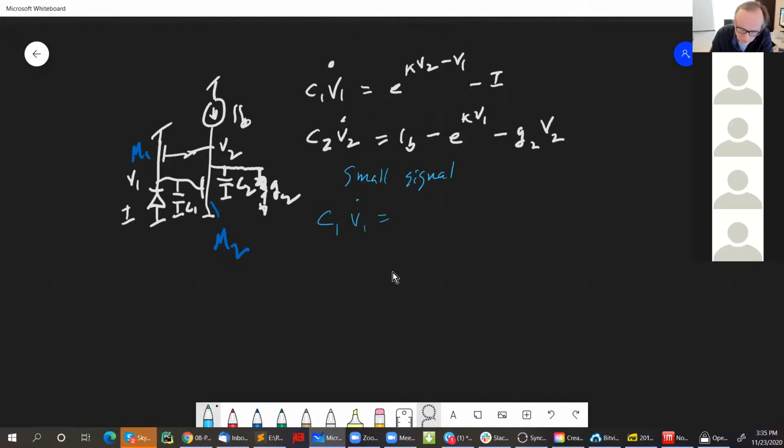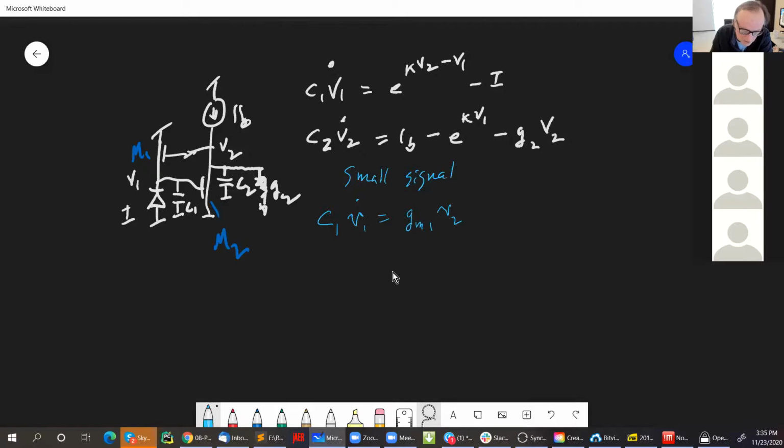Okay, so now we need to differentiate this with respect to V2. That's really the transconductance of M1, so it's GM1. That's the gate transconductance times V2. I'm going to write with the twiddles to indicate small signal.